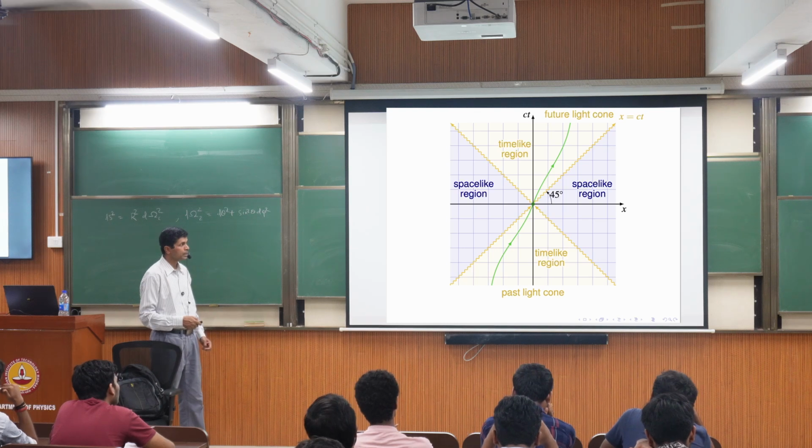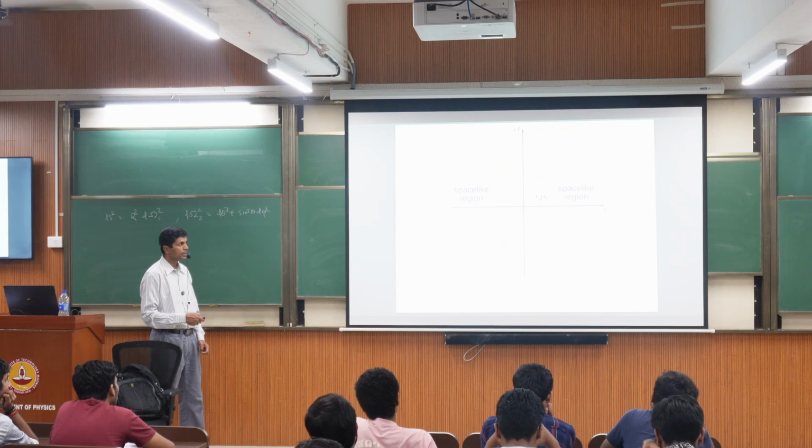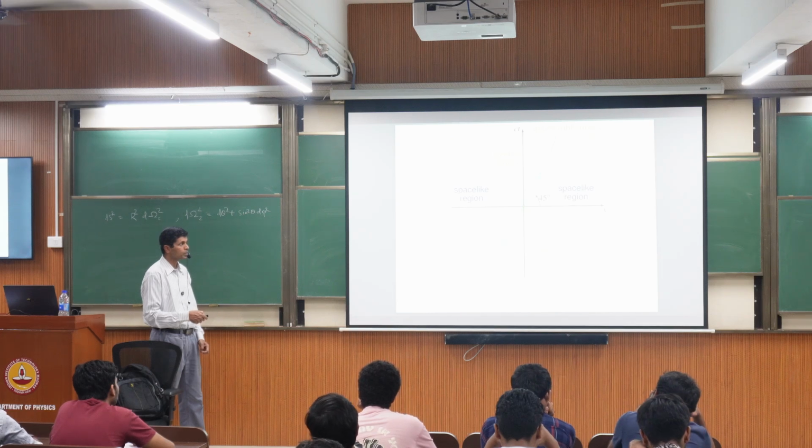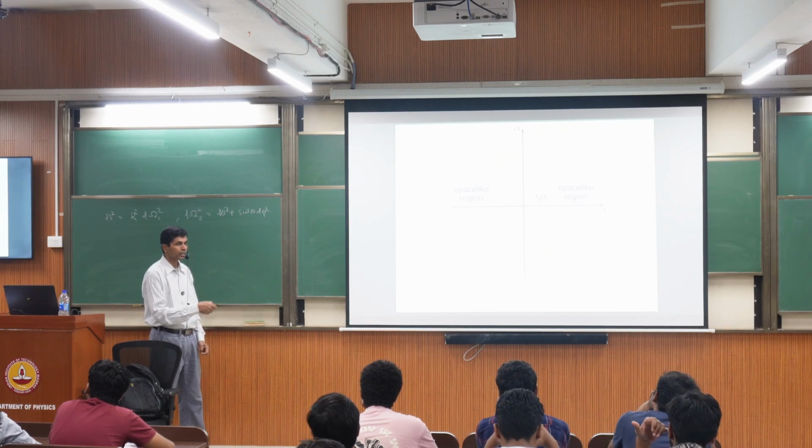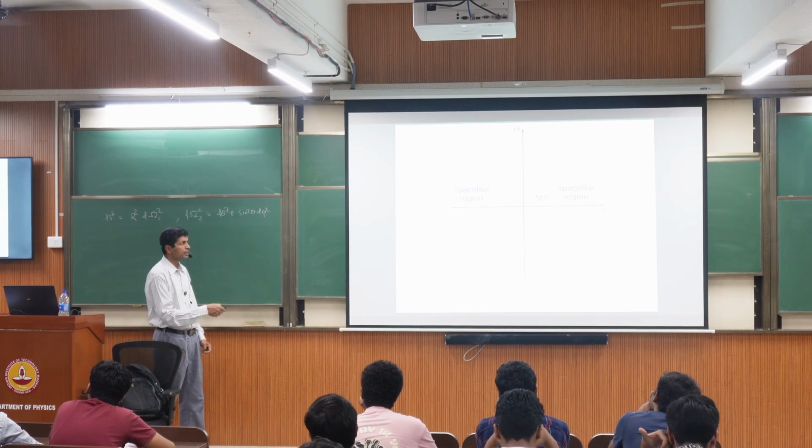So in that sense, any point in this space-like region is not connected. You cannot send any signal from the origin to any point in this region. But you can consider any point in the time-like region. You can send a signal by a particle traveling to that point.